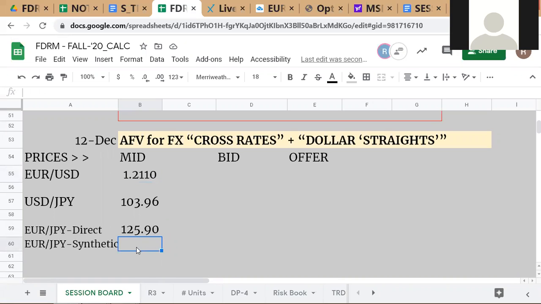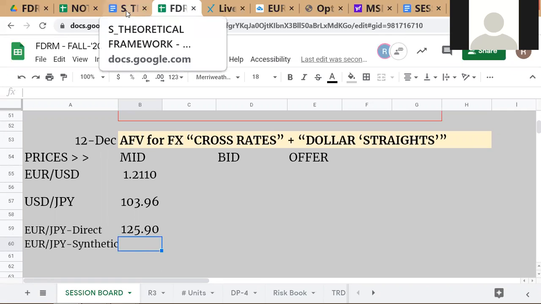First we'll do the analysis with the assumption that bid and offer are the same as the mid. Okay, so we assume that you can buy and sell at this price, buy and sell at this price, and buy and sell at this price. So we will make that assumption to simplify the concept. So first, let's understand what is the theoretical price for the euro-yen synthetic. Okay, let's try to understand that.